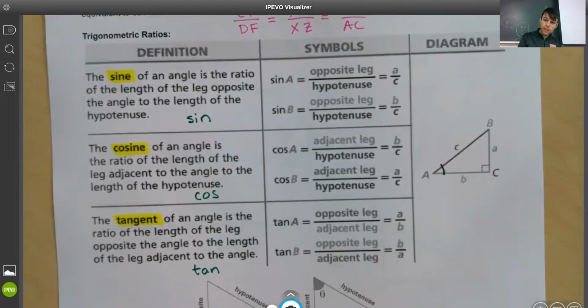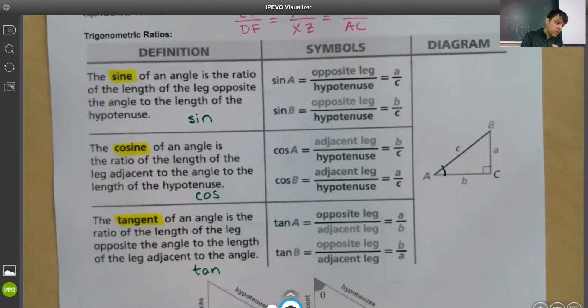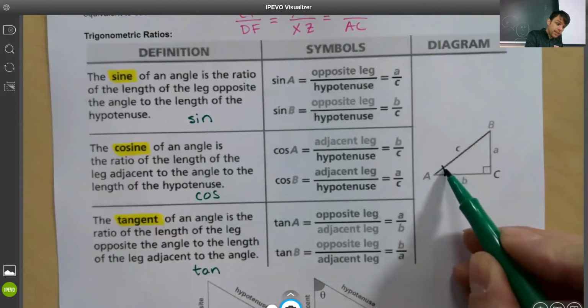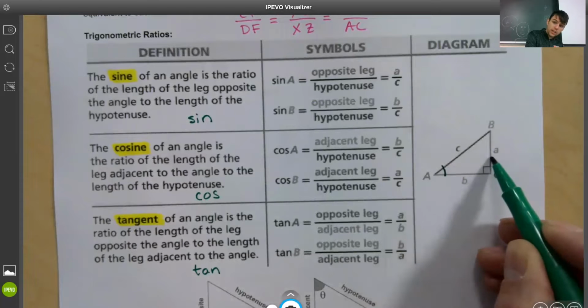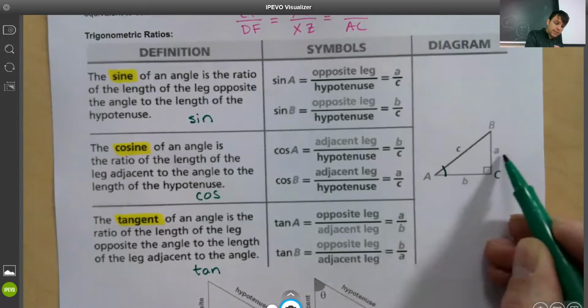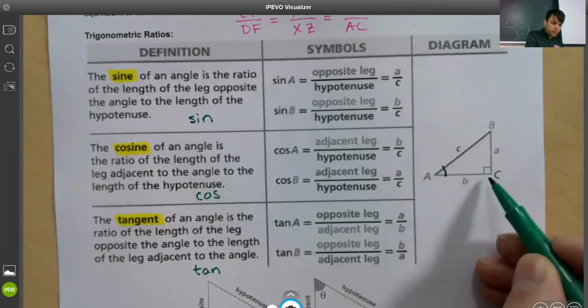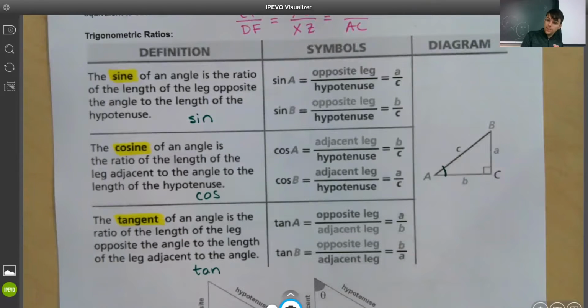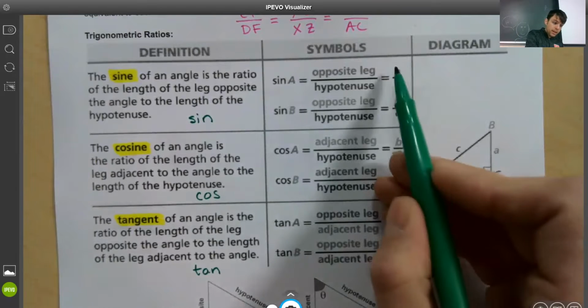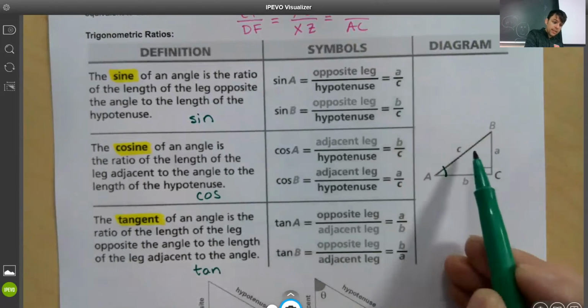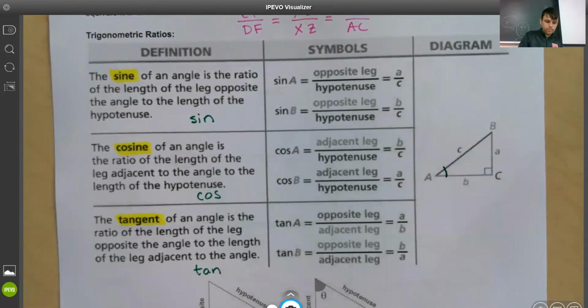So the sine of angle A is the ratio of the leg that is opposite of it. So if we go across here, a is the leg that is opposite, divided by the hypotenuse. The hypotenuse is always across from the right angle. So the sine of angle A is a over c. It's this side length divided by that side length.